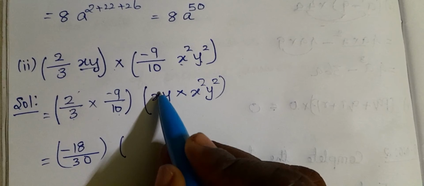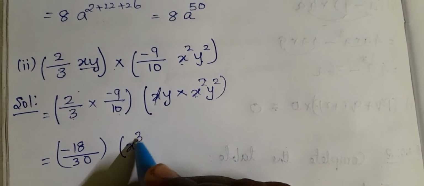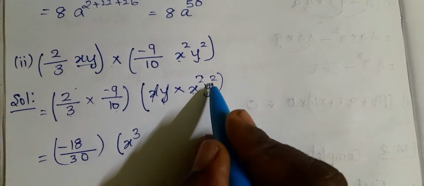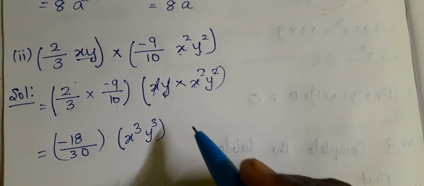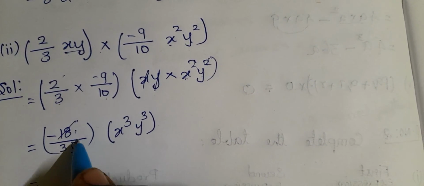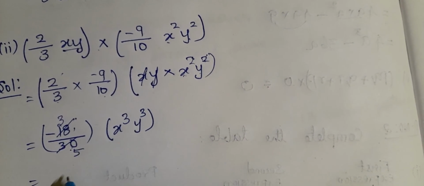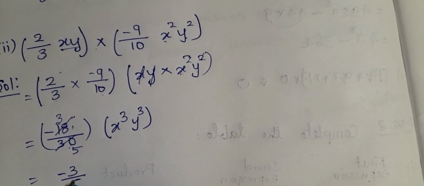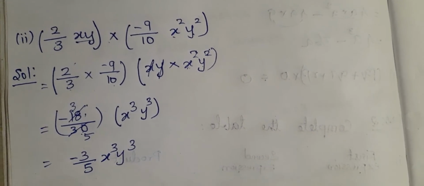In another bracket, x into x power 2 will be x power 3. y into y power 2 is y power 3. So we can simplify this by cancelling. We get 6 table: 3 times, 5 times. So minus 3 by 5 x power 3 y power 3.